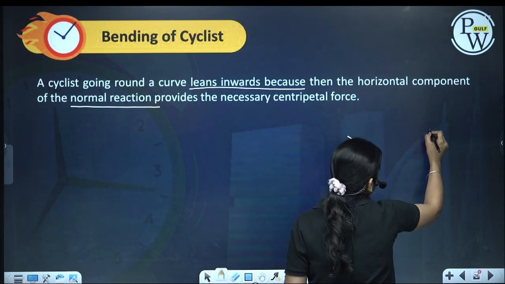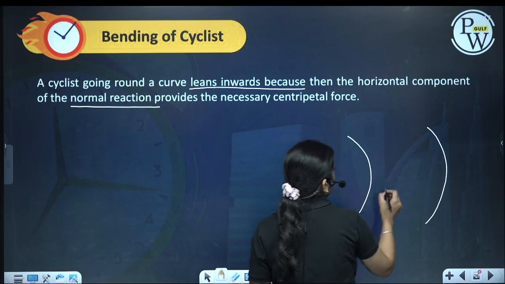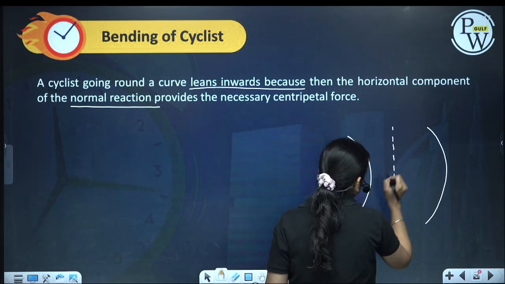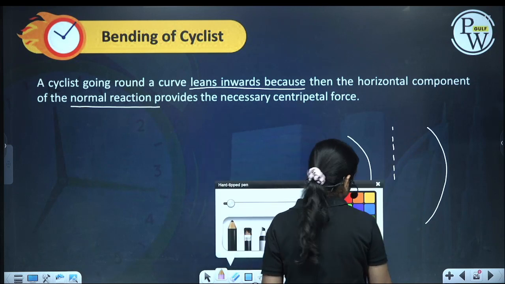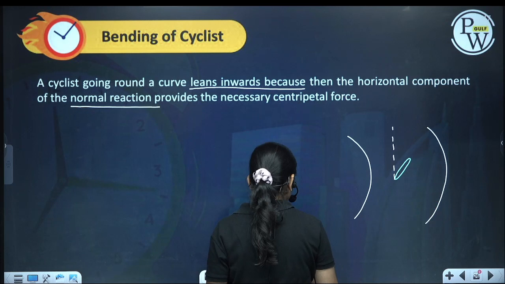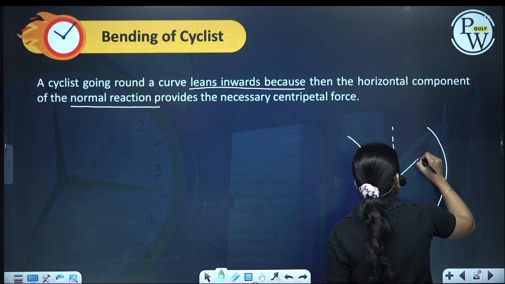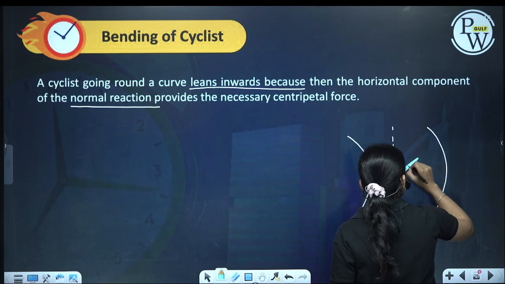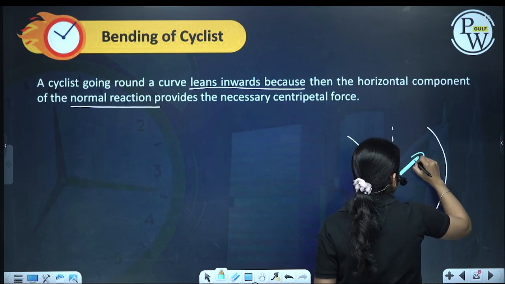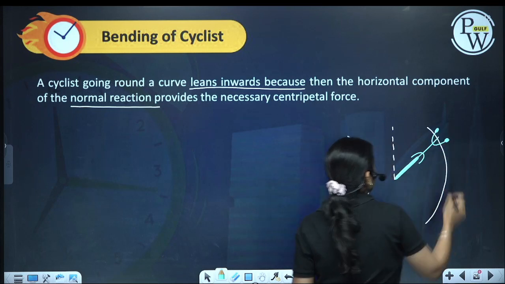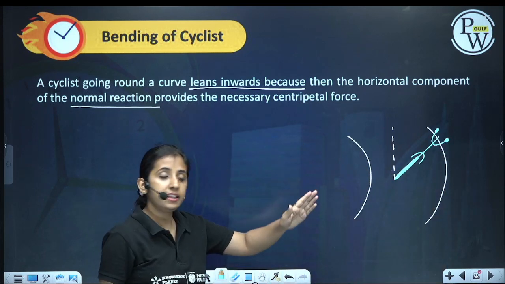See, if a cyclist is moving on a circular turn, let us take this is the tire of a cycle. Now the cyclist will lean the cycle.